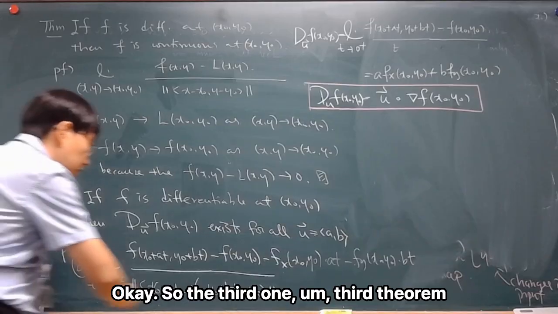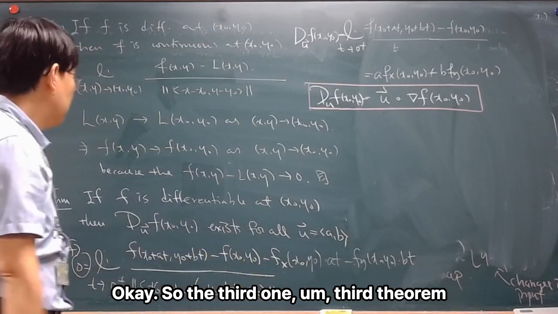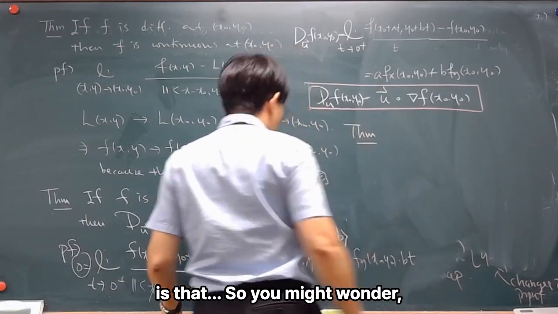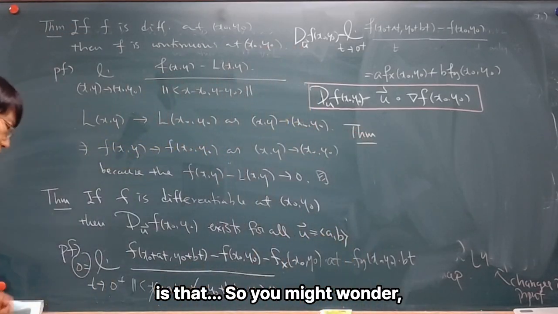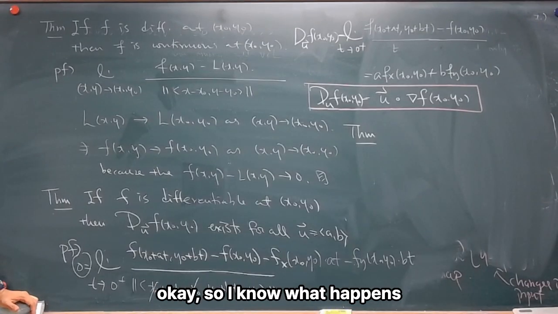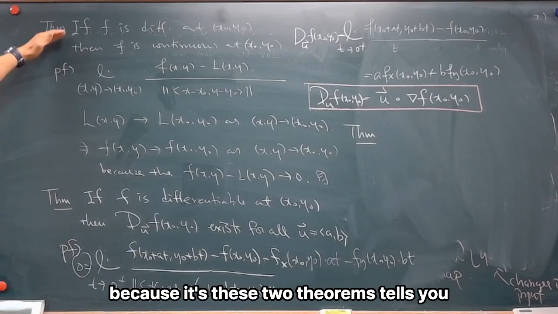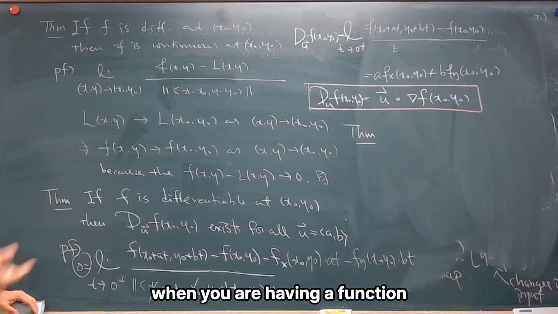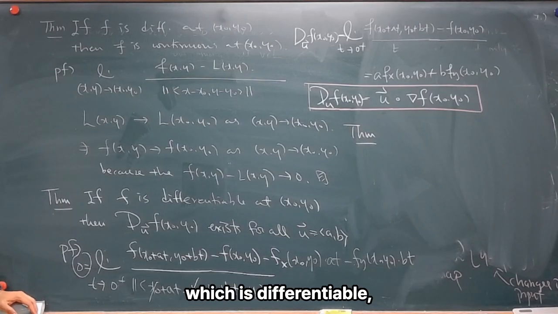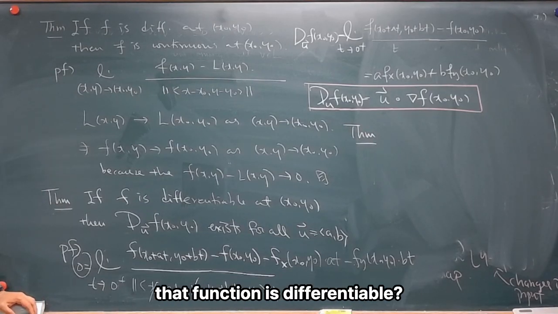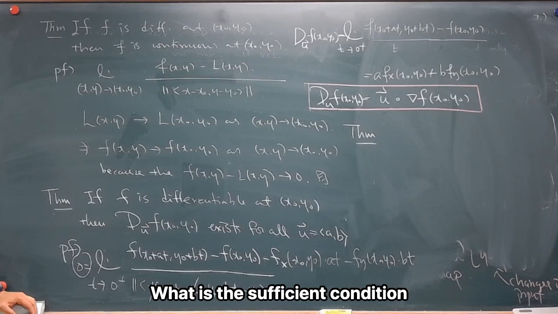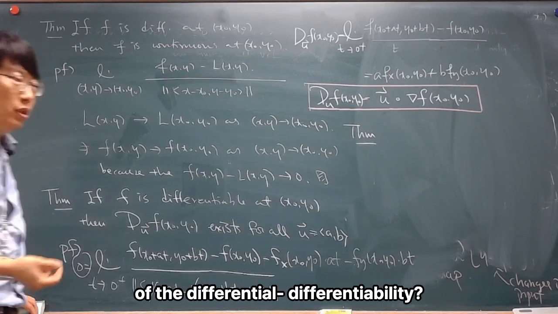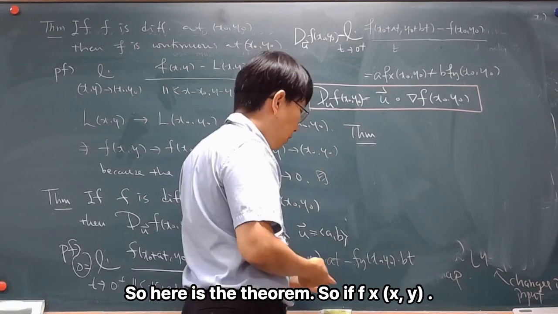Okay, so the third theorem. You might wonder, okay, so I know what happens when it's differentiable, because these two theorems tell you what happens when you have a function which is differentiable. But when can I say that a function is differentiable? What is the sufficient condition for differentiability? So here is the theorem.